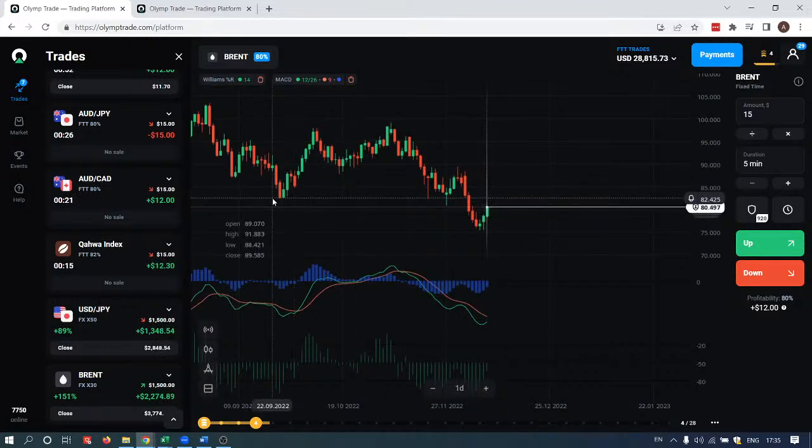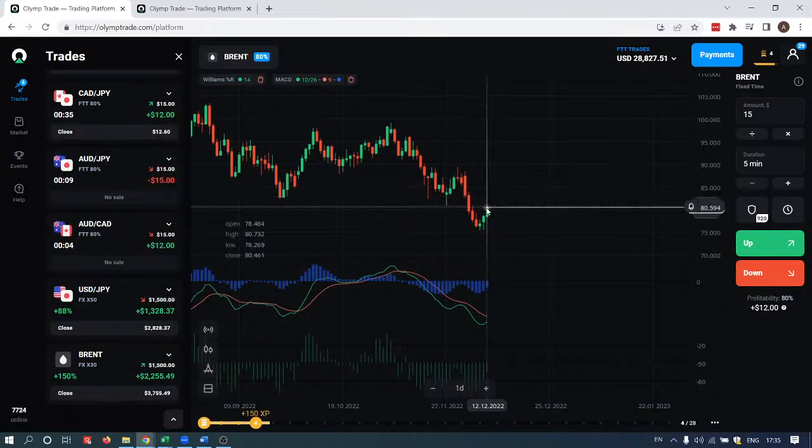I think the nearest level of resistance is somewhere here, around 82.5, and if the price goes there, then probably you can open a counter-trending trade, maybe.